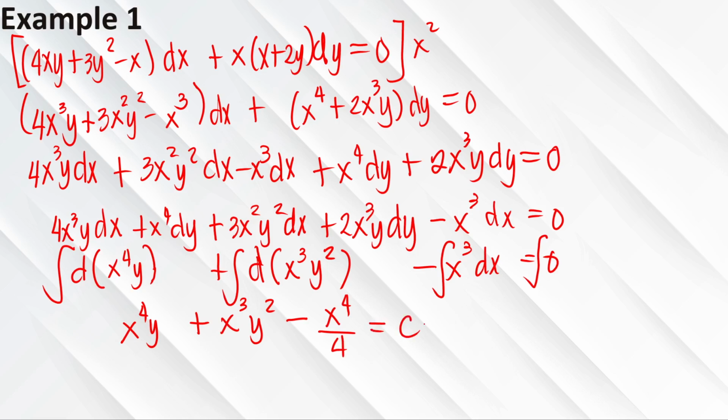Or, pwede tayong mag-multiply ng 4 sa lahat. So, meron tayong 4x raised to 4y plus 4x cubed y squared minus x raised to 4 equals, yung c, multiply natin ng 4, c pa rin.